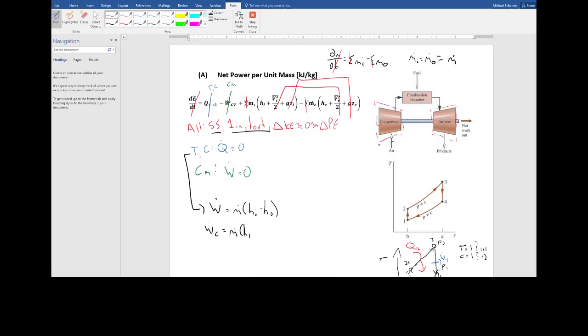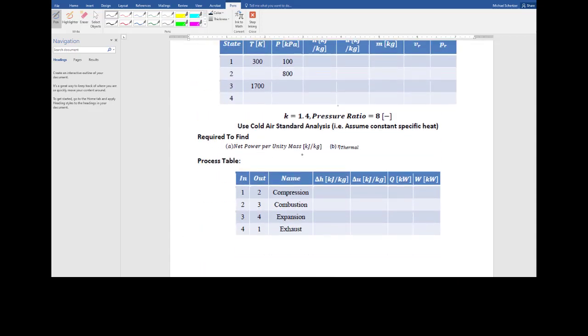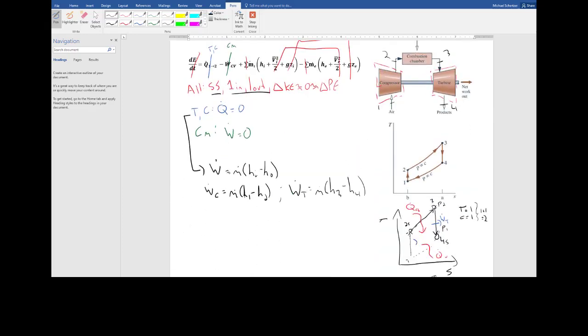I guess they're not labeled here. 1, 2, 3, 4. So this is h1 minus h2. The turbine power is going to be m dot times h3 minus h4. And it wants net power per unit mass, right?